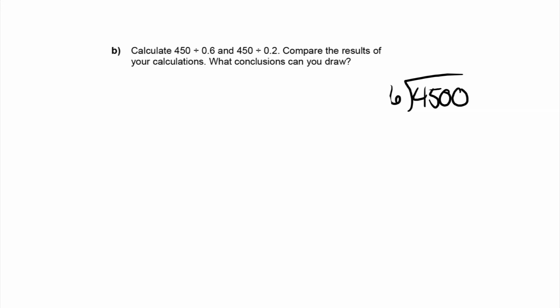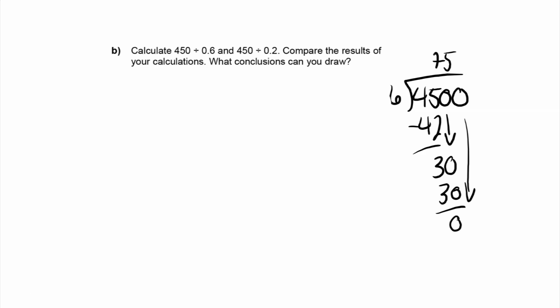So now 6 into 45, 7 6s are 42, subtracting that leaves us 3, bring down a 0. 6 into 30 is 5, which is exactly 30 with a 0 remainder. And no matter how many zeros we bring down, of course, it will just leave it at 0. So 450 divided by 0.6 is equal to 750.